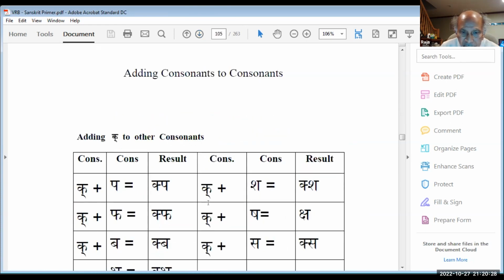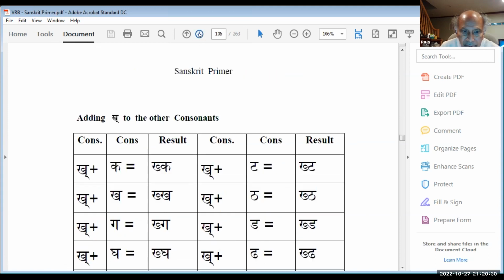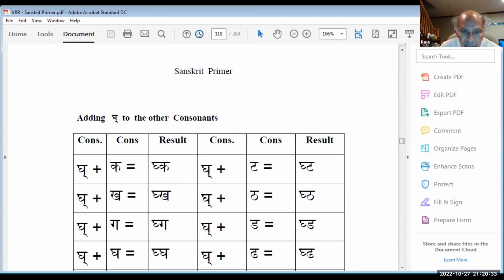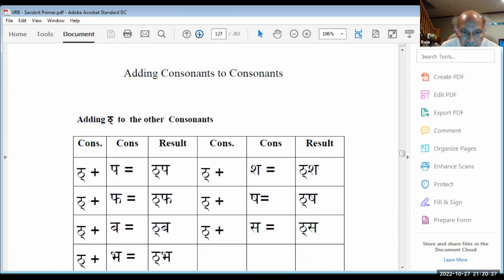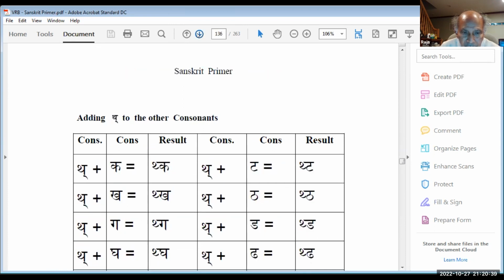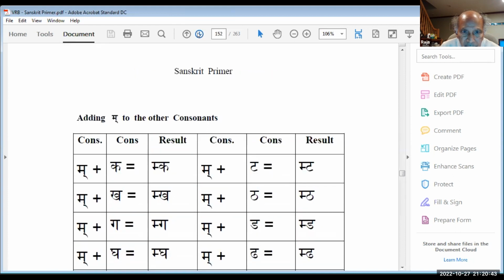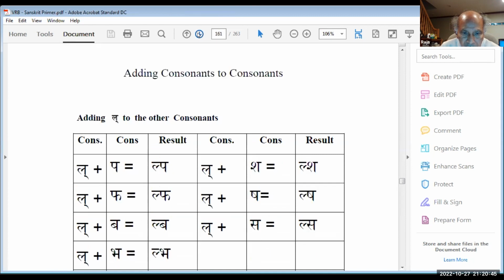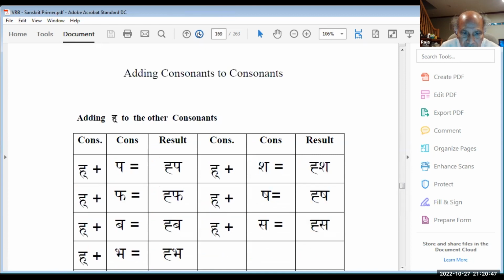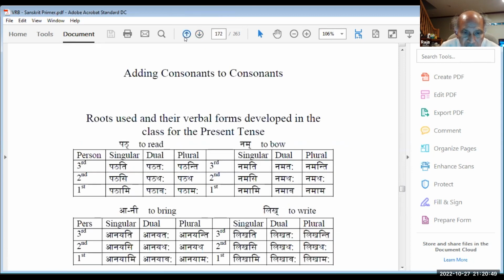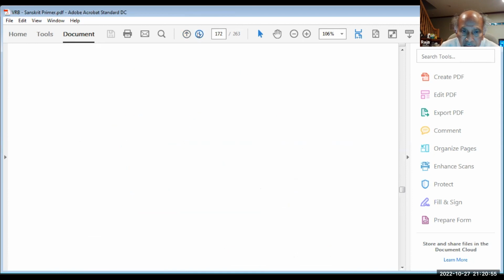And these conjunct consonants, how you add them, you are supposed to. Okay, and I give you a few verbs here just for you to understand what comes.